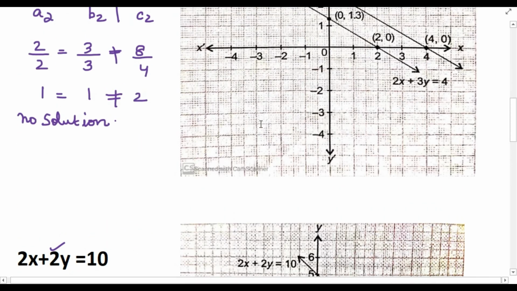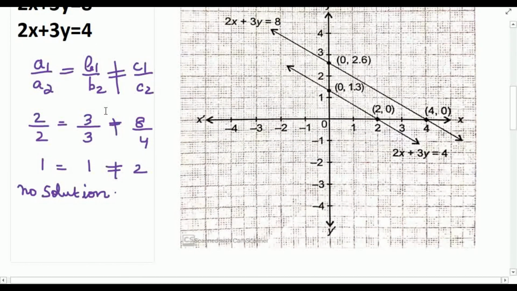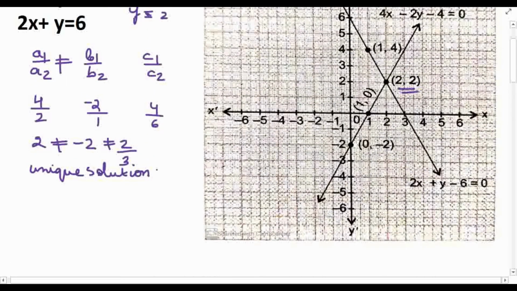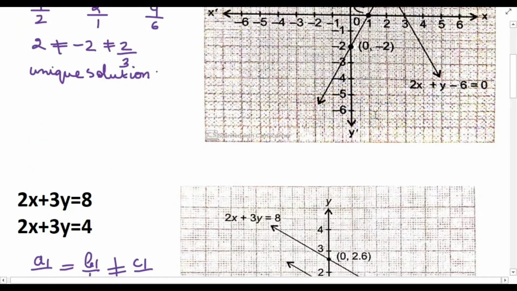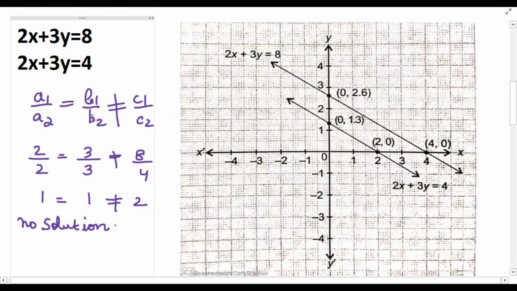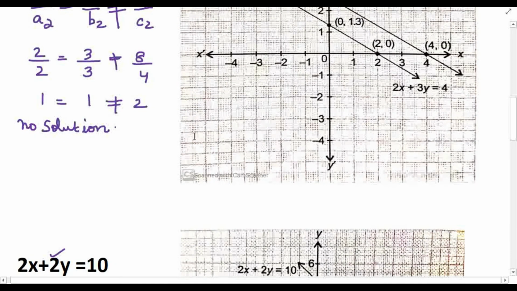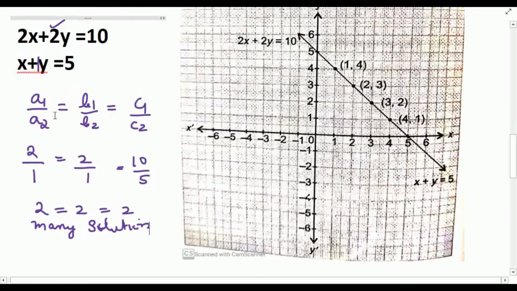If A1 by A2 is not equal to B1 by B2, then the lines will be intersecting lines, and if A1 by A2 equal to B1 by B2 not equal to C1 by C2, it will be parallel lines. And if A1 by A2 equal to B1 by B2 equal to C1 by C2, then it will be coincident lines.